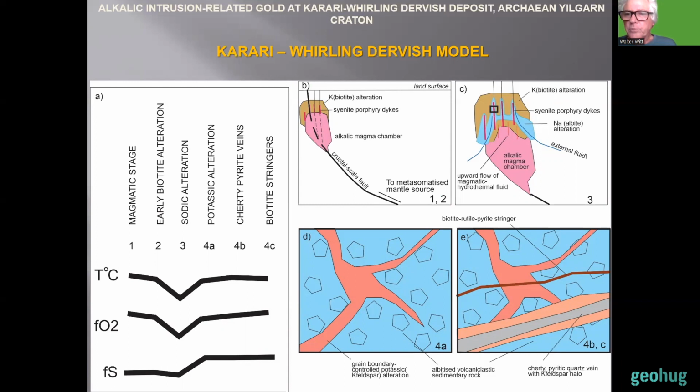This was a very important stage because it changed the rheology of the roof rocks from very weak biotite altered sediments to rheologically strong hydrothermally bleached rocks.